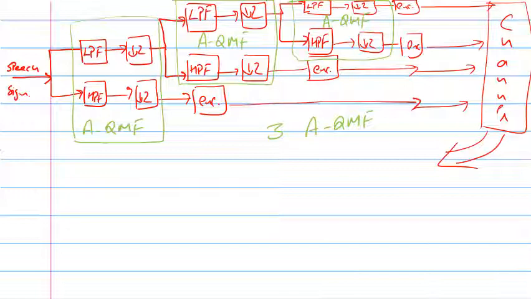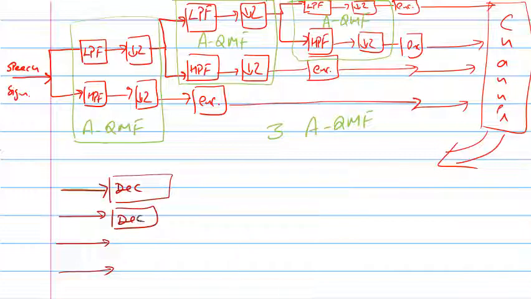And at the receiver, when the signal is passed through a channel or whatever you are doing, whatever you are storing, we will try to reconstruct this signal. So we'll be getting these 4 channels, and all these will pass through a decoder.